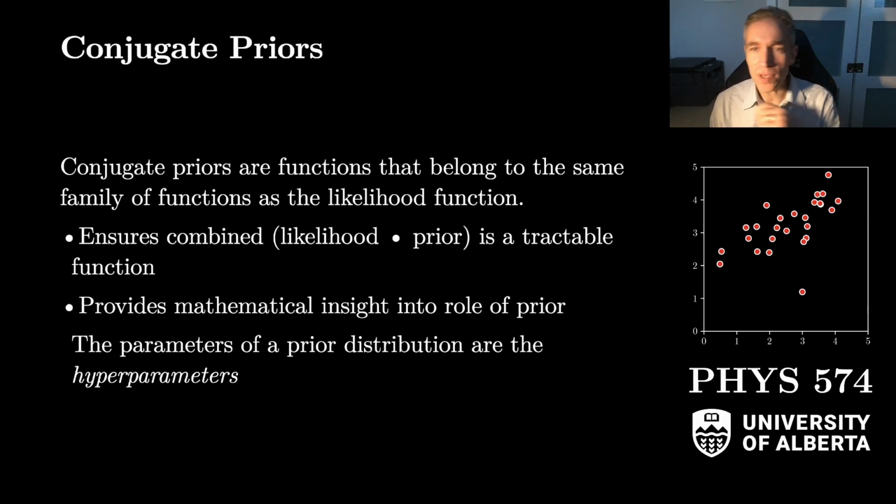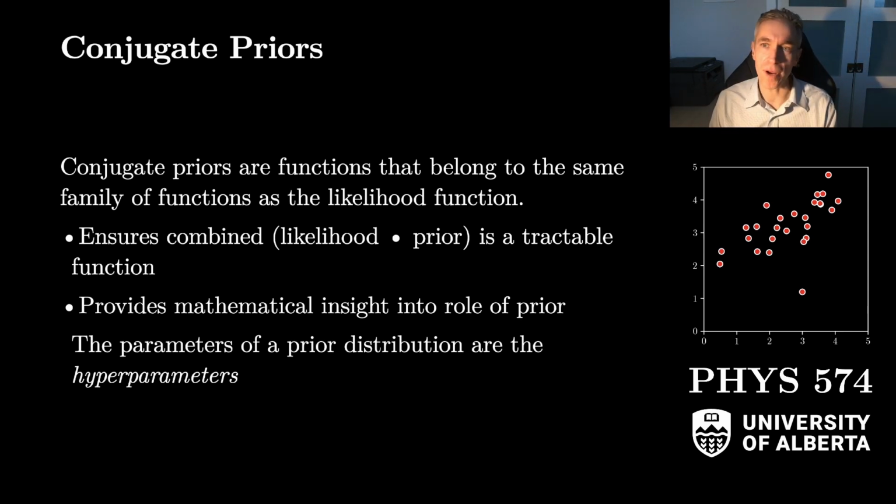And if you choose a prior that has the same functional form or a friendly functional form as the likelihood function, then the product of the likelihood times the prior, the right-hand side of Bayes' theorem, becomes a nice tractable function that we can understand and use, and it gives us mathematical insight into the role of the prior that we're selecting. And as a sidebar, I'll sometimes refer to the parameters in this prior distribution as the hyperparameters.